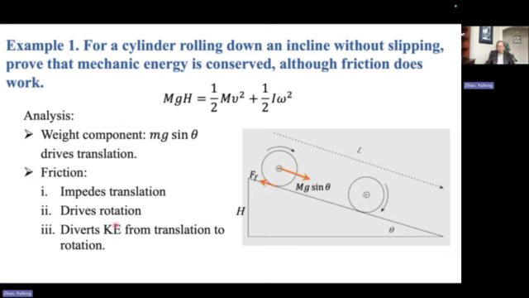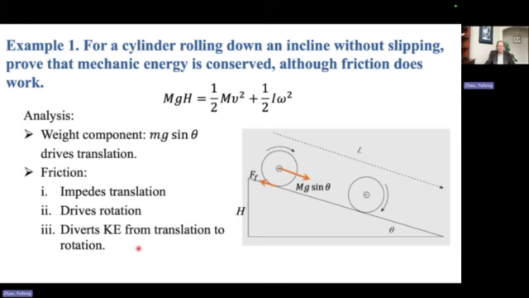That means the work of the friction diverts the kinetic energy from translation to rotation. That's the key. The work of the friction is not dissipated, meaning it does not consume mechanical energy and transform it into heat.